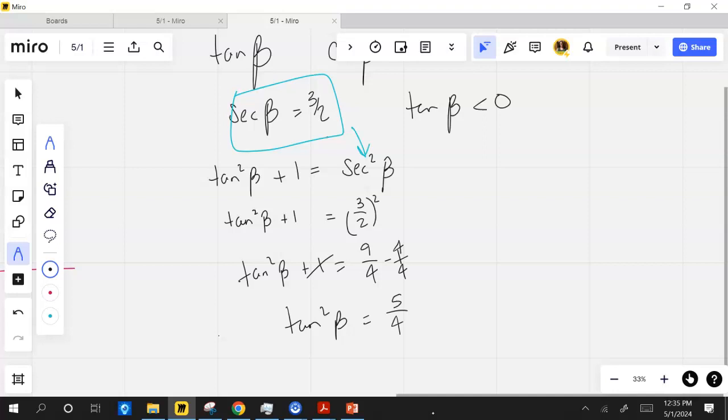Common denominators, subtract. Square root.